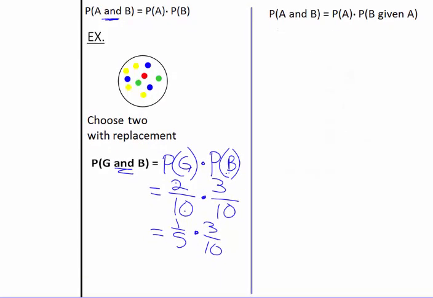You could wait till the end and then simplify your answer, or simplify first while the numbers are small and then multiply. So now 1 times 3 is 3, 5 times 10 is 50. So the probability of getting a green on the first draw, putting it back, and getting a blue on the second draw is 3 out of 50.